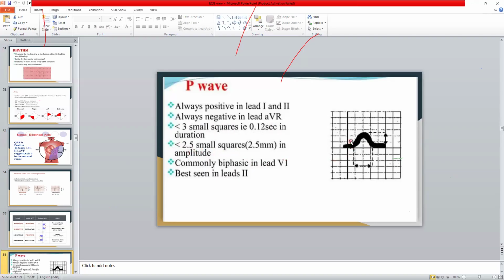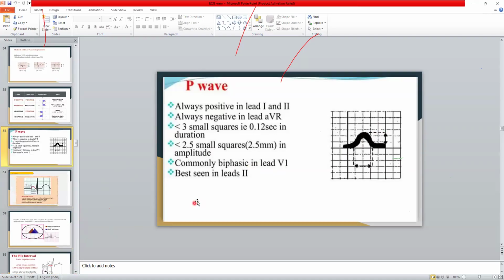You can see here 1, 2 and a half. So this is less than 2.5 millimeters in amplitude. The P wave is biphasic in lead V1, that is the precordial lead. These P waves are best seen in lead 2.